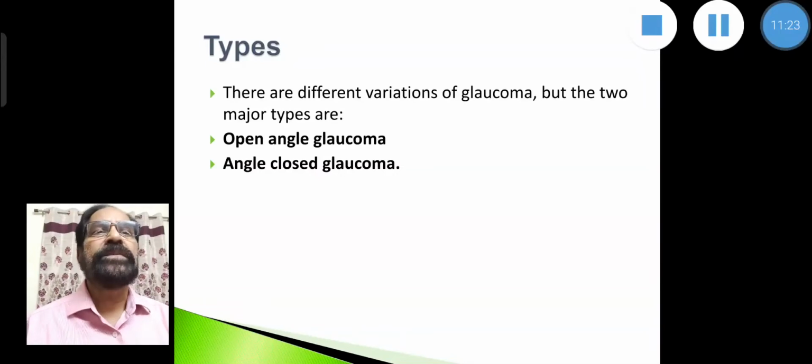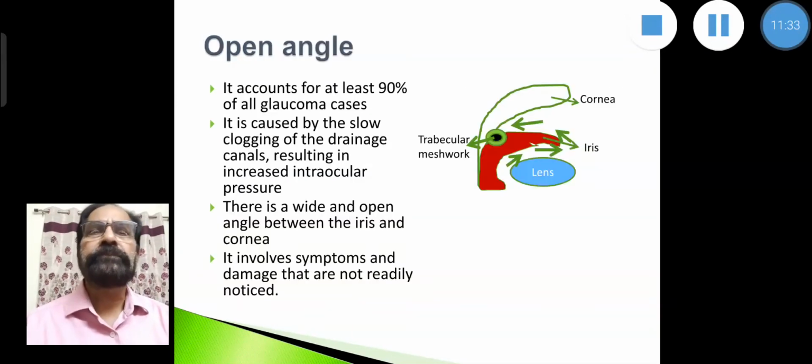There are different types, but two are major types: open angle glaucoma and angle closed glaucoma. Open angle glaucoma accounts for at least 90% of all glaucoma cases.